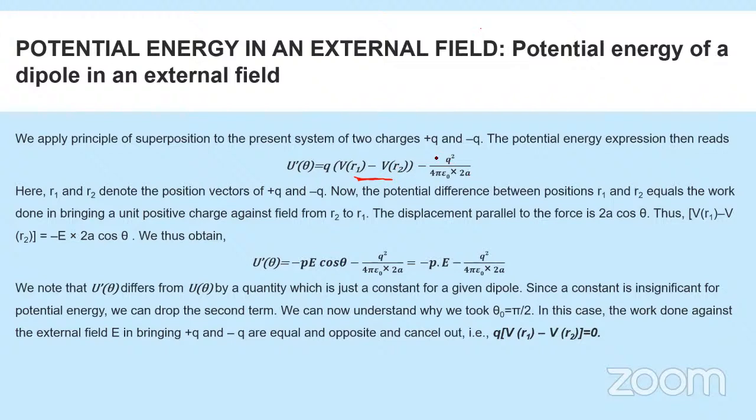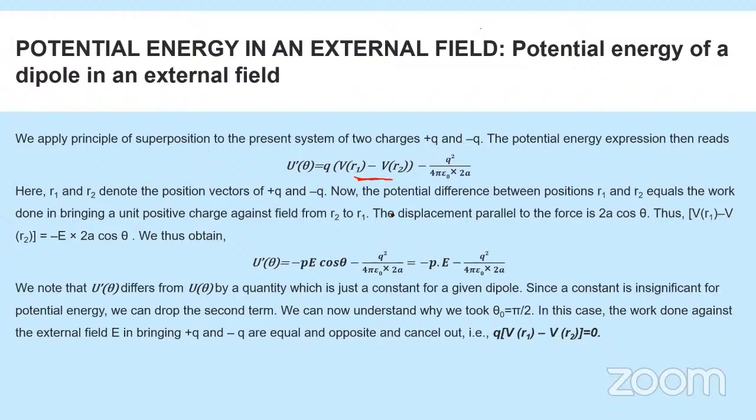That is going to give you q square upon 4 pi epsilon 0 into 2a, where r1 and r2 denote the position vectors of the plus q and the minus q.